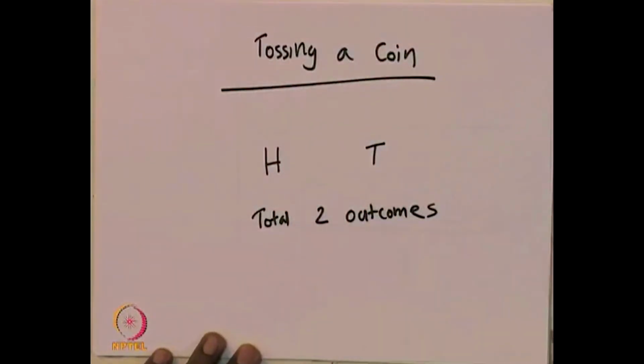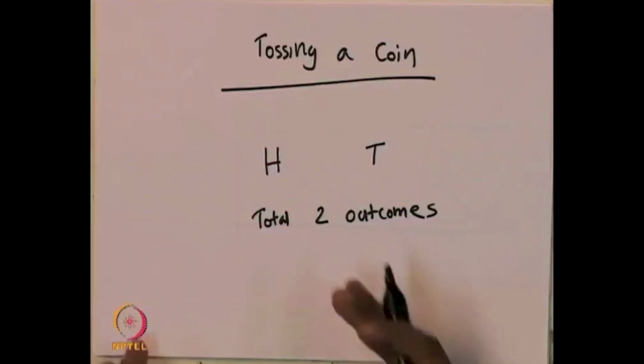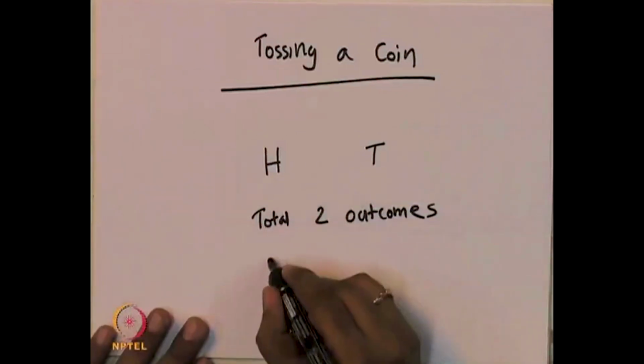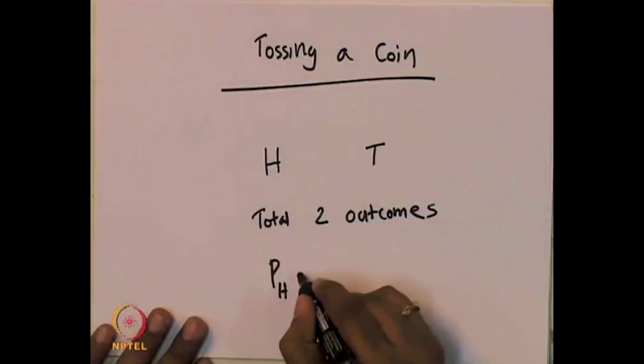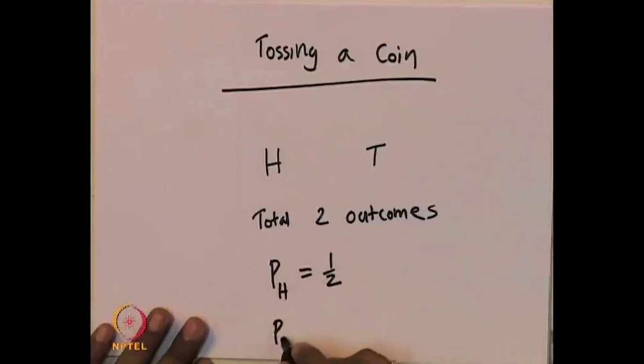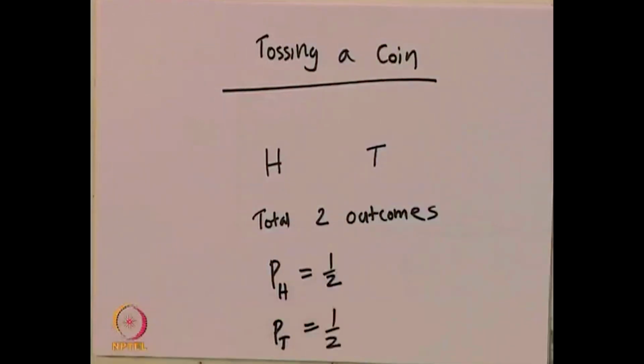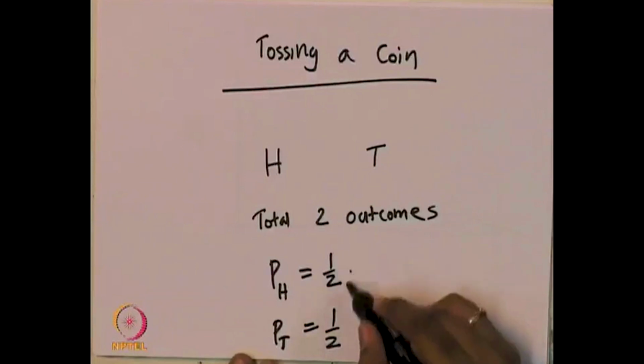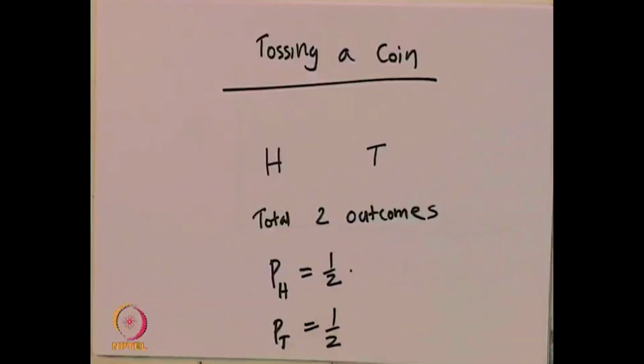Now, both of them are equally probable. That means, half of the time it will be head, half of the time tail. So, probability of finding head, the first outcome, is half, and probability of finding the second outcome is half. So, these are equally likely. Head and tail have equal probabilities.